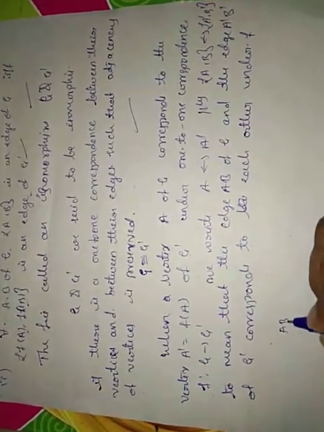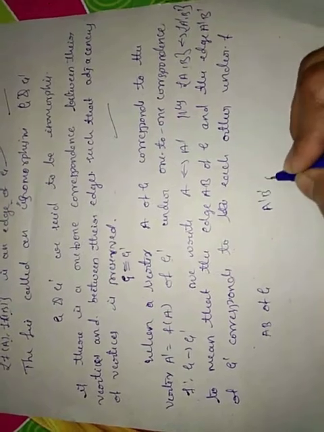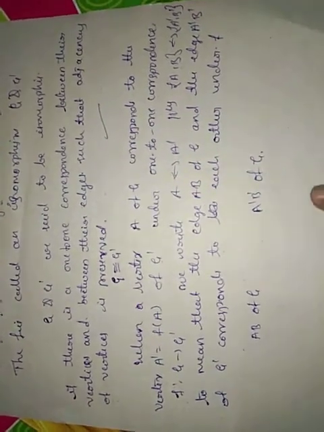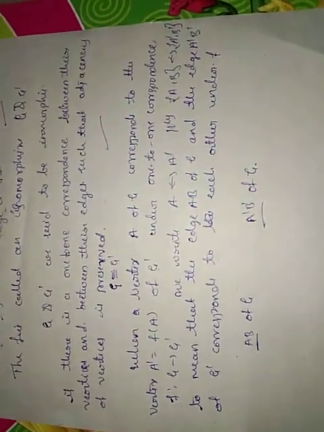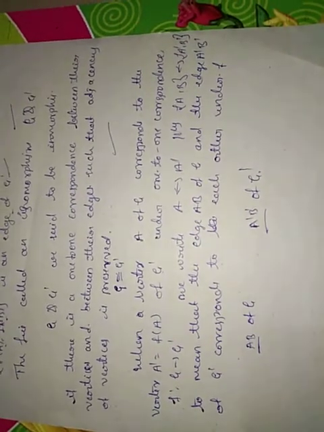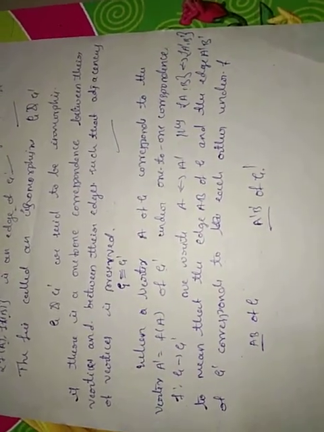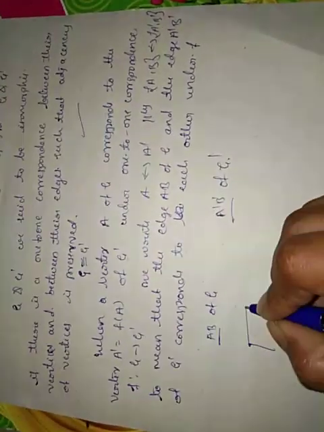That means the edge AB of G corresponds to the edge A dash B dash of G dash under f. Here, in the two graphs, suppose there is a graph like this.